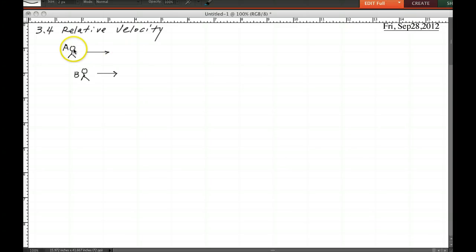Okay, suppose we have two people, A and B, both walking this way. The velocity of person A is labeled VAG. Why G? G means the ground.